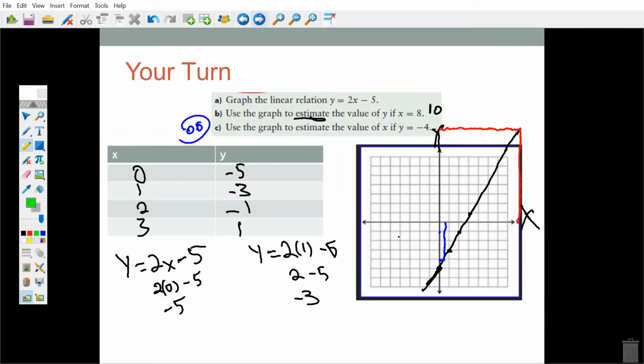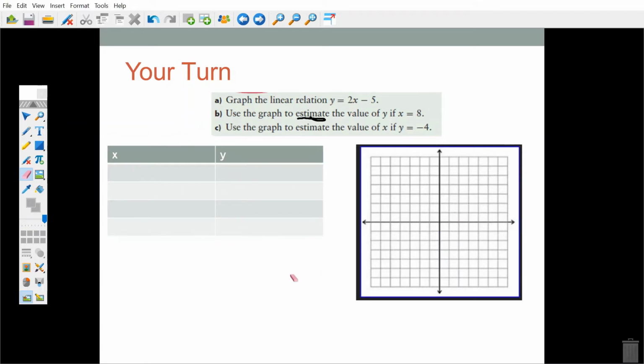The last question was this example here. I'll erase this and show you again. It gave you the equation y equals 2x minus 5, and it wants you to graph that. I like to choose small numbers for the x values.